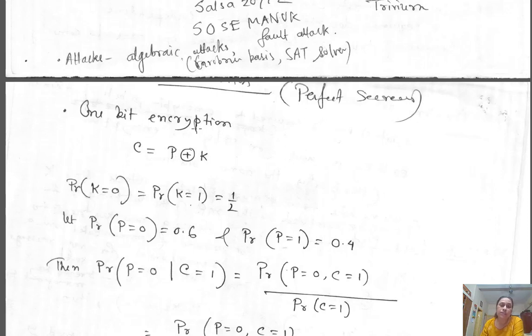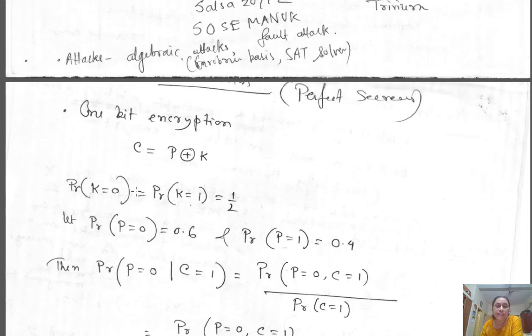We are going to show that this achieves perfect secrecy under this condition. In this encryption, the ciphertext space, plaintext space and key space are all the same.